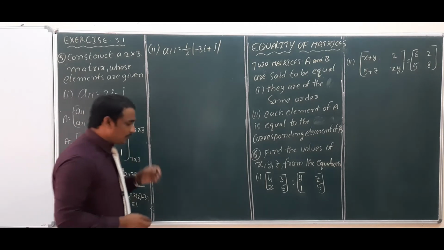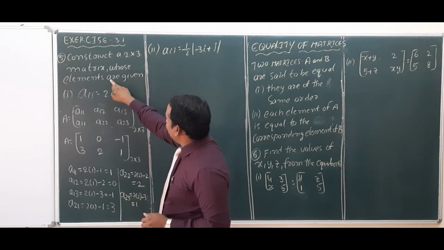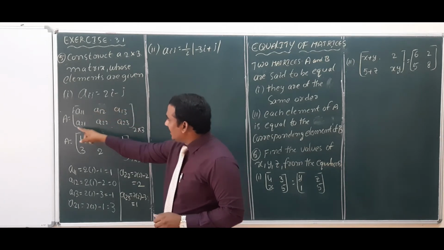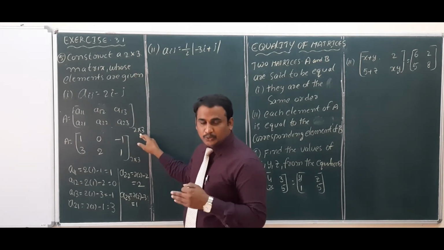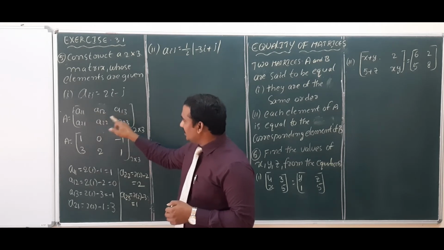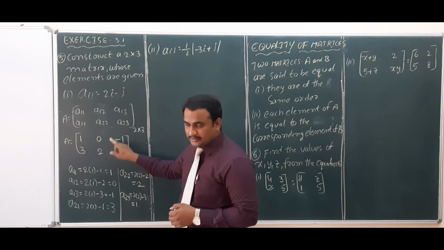Once again, see what the question is asking: construct a 2 by 3 matrix whose elements are given by A of ij equal to 2i minus j. Capital A is a 2 by 3 matrix, total 6 elements, 2 rows and 3 columns: A11, A12, A13, A21, A22, A23. Here you have to substitute the values.